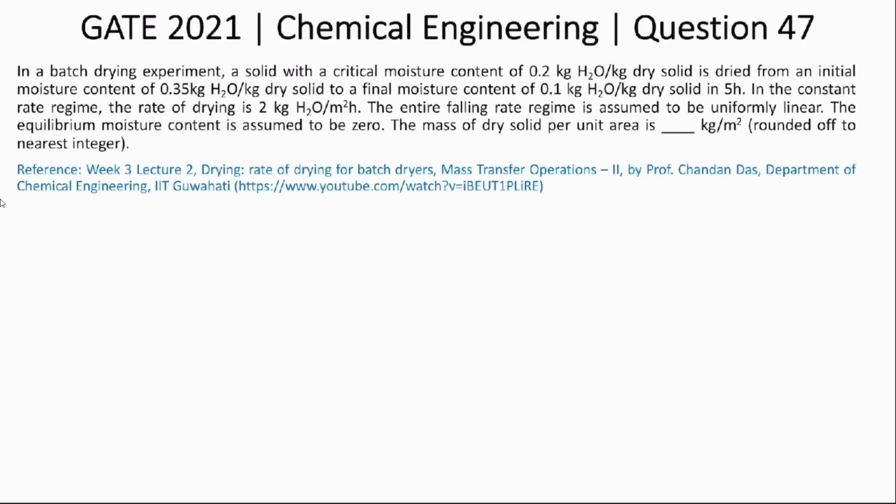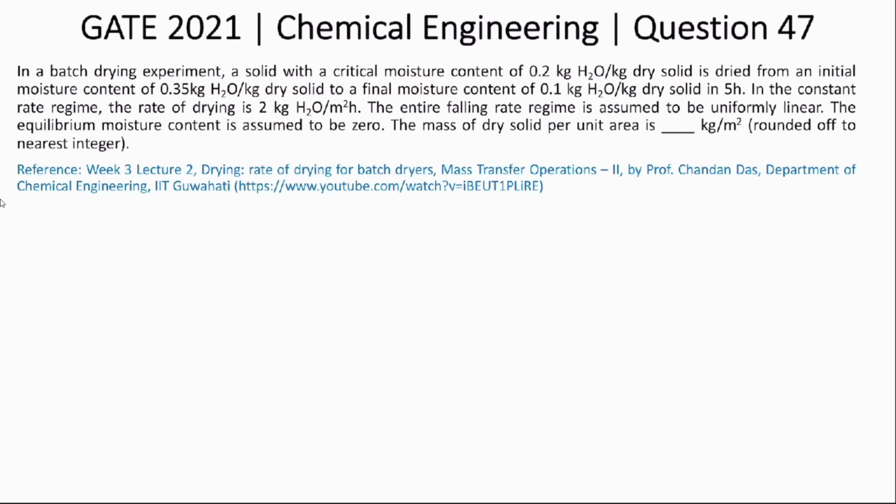So 0.2 is the critical moisture content, 0.35 is the initial moisture content, to a final moisture content of 0.1 in 5 hours. In the constant rate regime, the drying rate is 2 kg water per meter square hour.